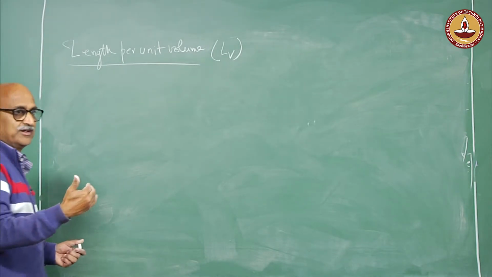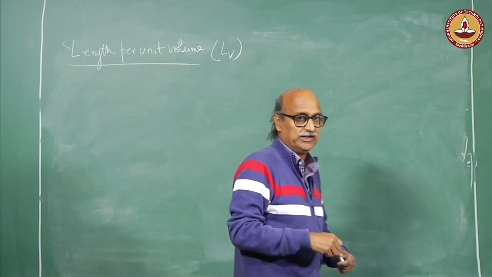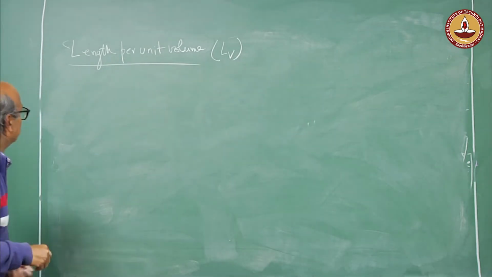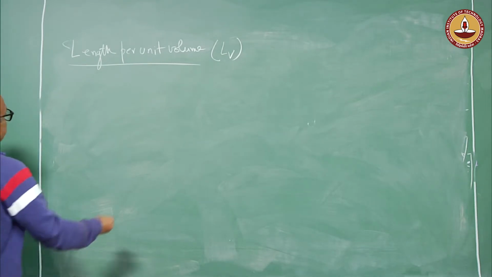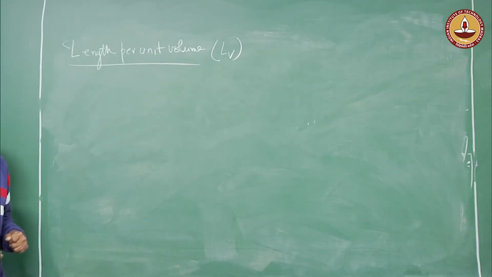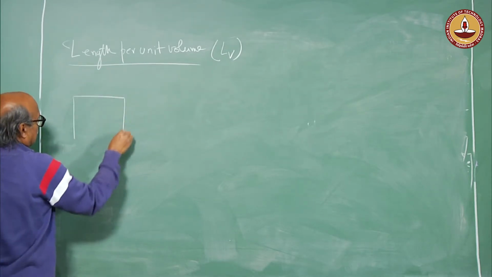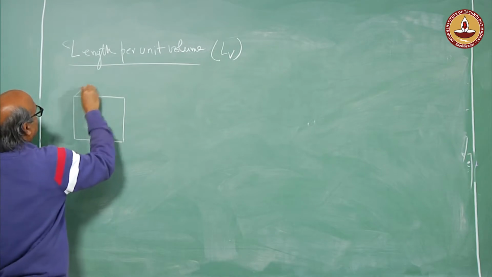That was the third parameter that we want to get a stereological relationship for, and this you will see is going to be very easy, and we will be following the same line of reasoning. Again, we just restrict ourselves to cubic space.